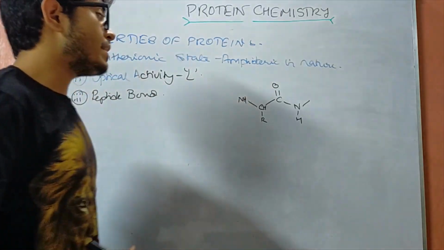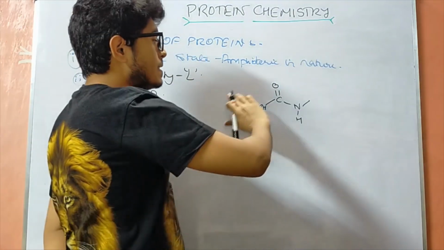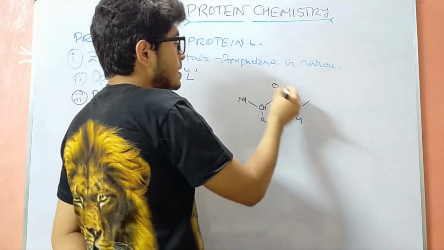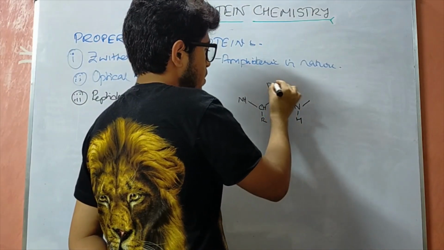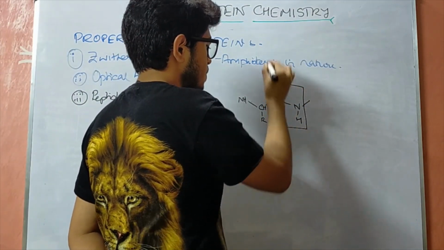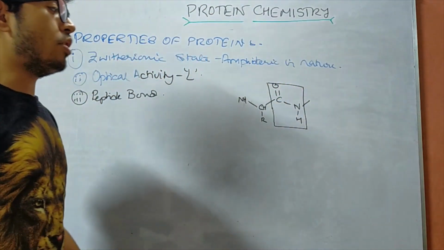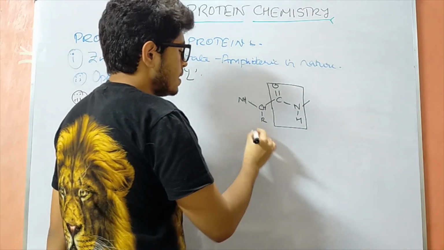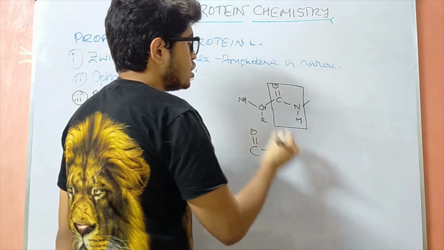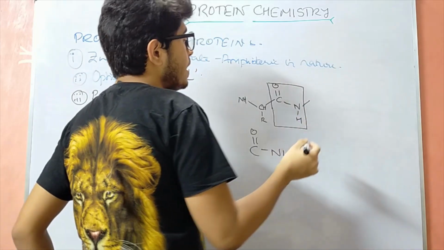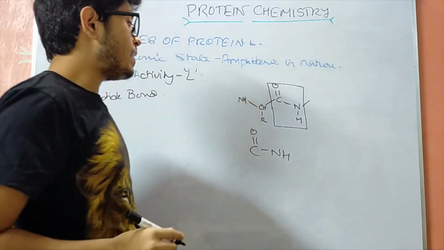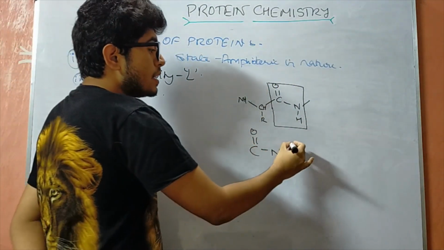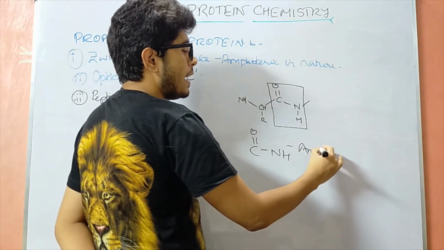It is somewhat like this, and this is the structure of the peptide bond. It is nothing but a CONH bond. This is also called the amide bond.